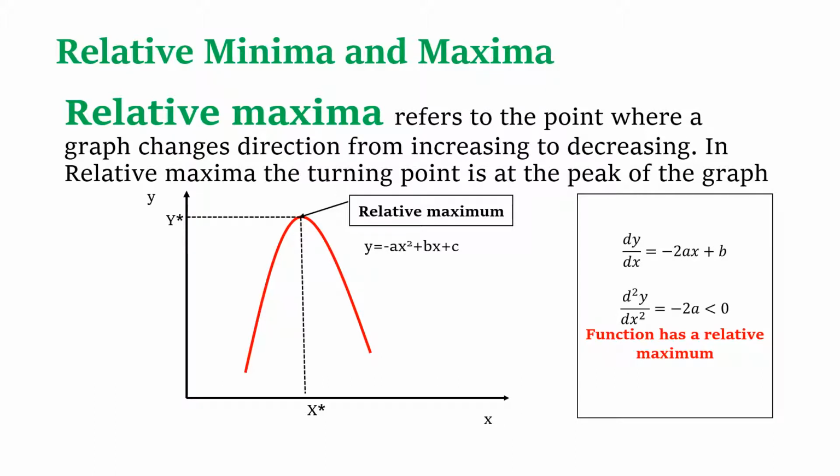You're going to have negative 2a. And minus 2a is less than 0. And that function has a relative maximum. Okay? So that's how you know. So the x star there is the critical value. Remember, this is called the critical x value. That is the value of x for which dy/dx equals 0. Okay?